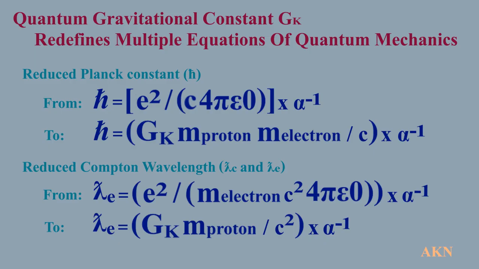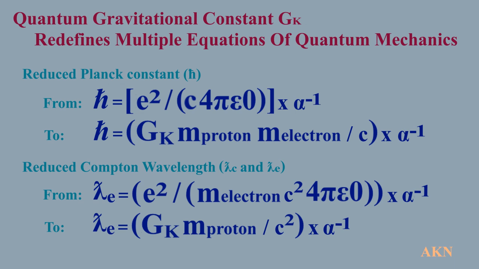We can see that in the reformulated equation of the reduced Planck constant emerges the gravitational energy quanta that is constituted by the quantum gravitational constant GK and the masses of the proton-electron pair.